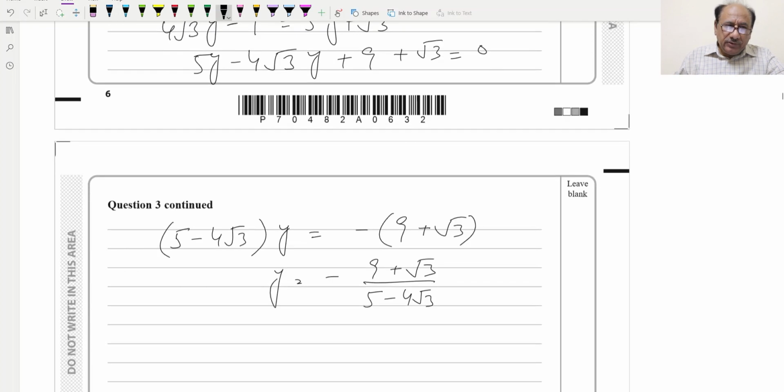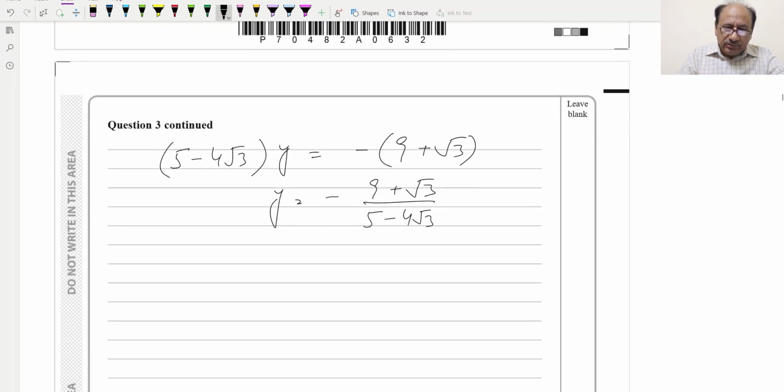Separately we can write, y is equal to, we can take the LCM also, so basically we can rationalize this.